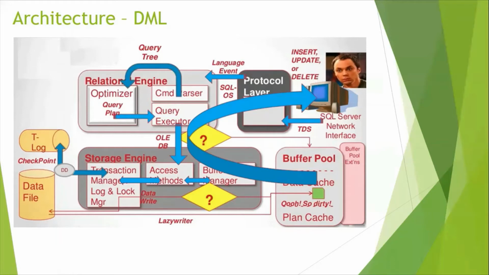It goes through the same process, through the network libraries, and reaches SQL Server using TDS packets, the same as a select. It wraps the SQL statement into one or multiple TDS packets and sends them to the protocol layer. The number of TDS packets depends on the packet size.